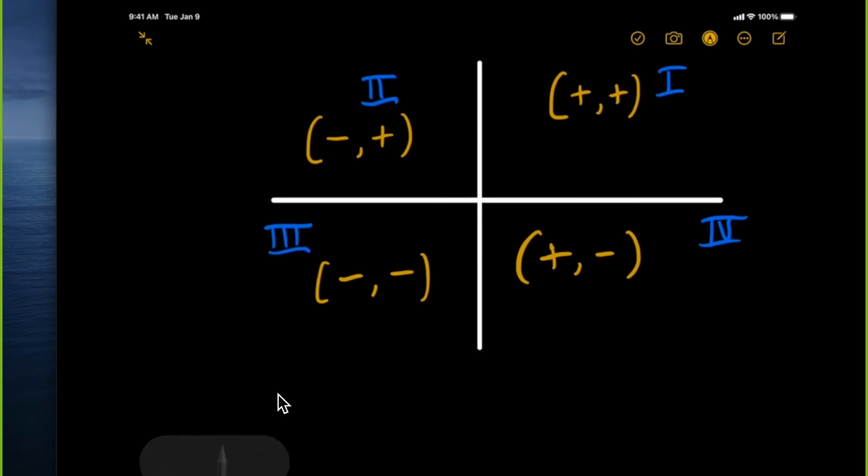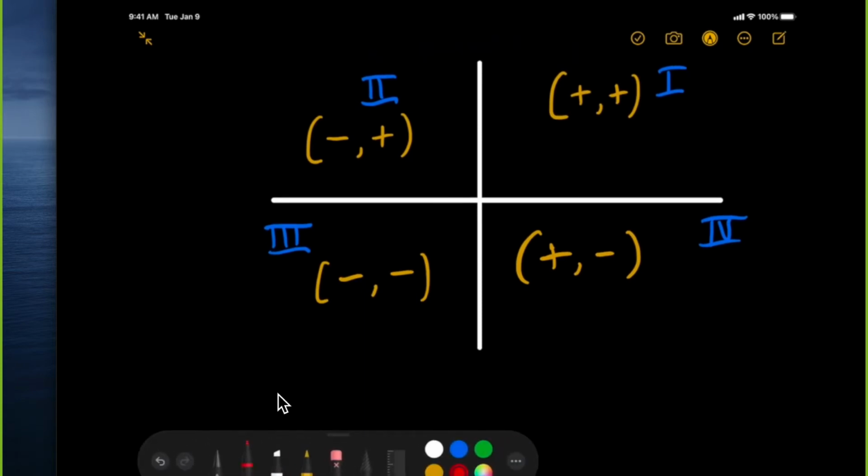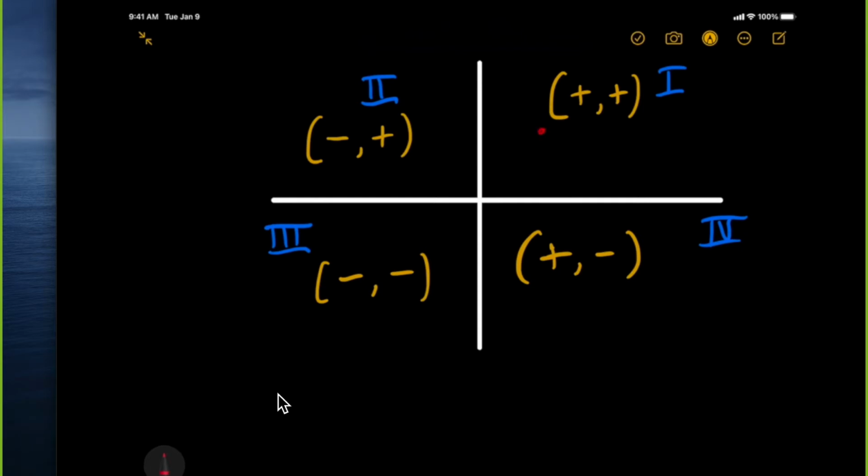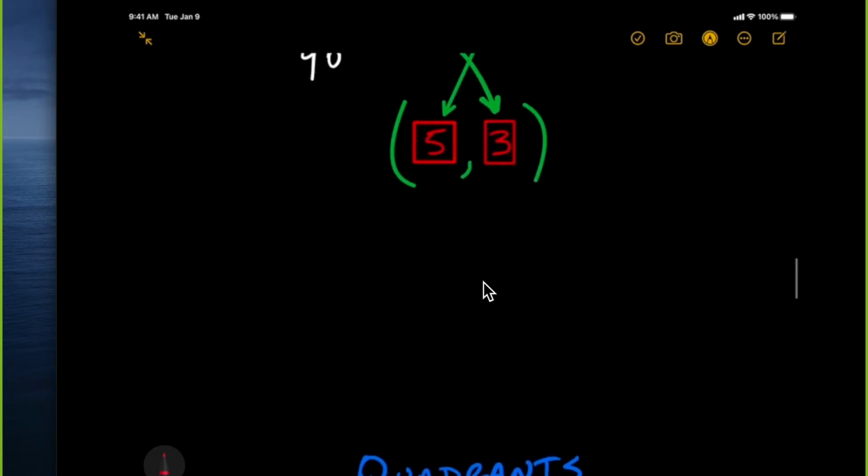So here in this first example, we had a point 5,3 here. We drew our line to the origin. We created a 90-degree angle, and we decided we had to end up in quadrant 4, and then we just add these signs to these digits.